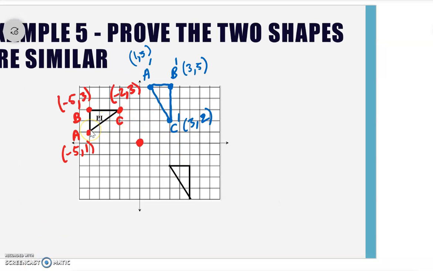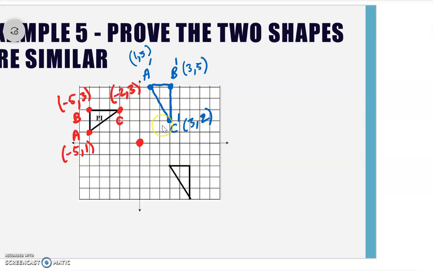Hopefully you saw that all you have to do to rotate 90 is flip the x and y coordinates, and then you need to change the x coordinate to the opposite. So for example, A, if I flip it, it becomes 1, -5, but then your x coordinate needs to change to the opposite, so it becomes 1, 5. That's why 1, 5 ends up here. Also, here's a hint. If you're rotating 90 degrees clockwise, you know you're going to be in quadrant 1.